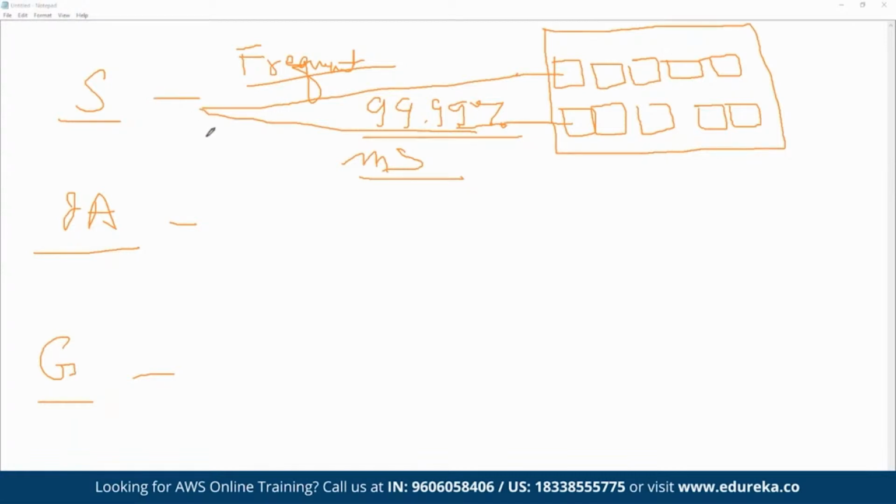There is no minimum requirement either, so we can store files as small as 1 KB. All those frequent files that we need on a regular basis can be stored in the standard class.